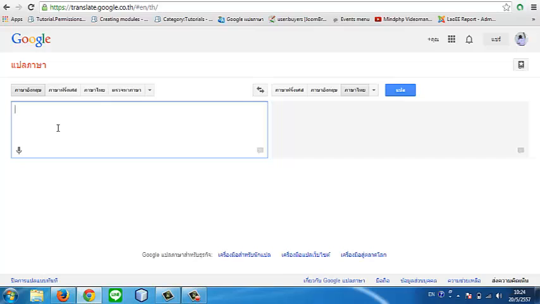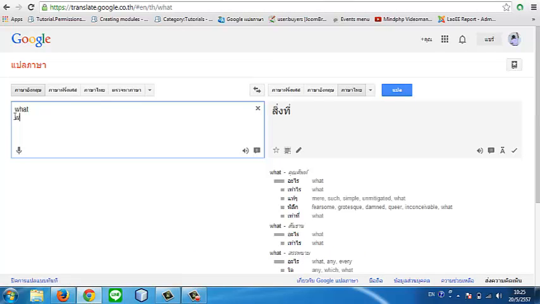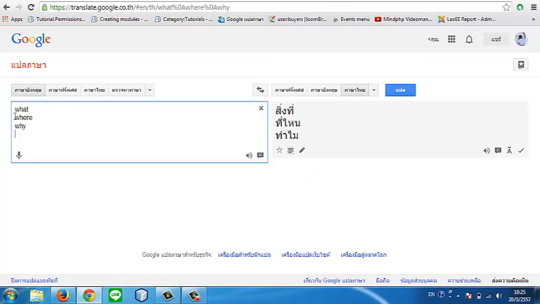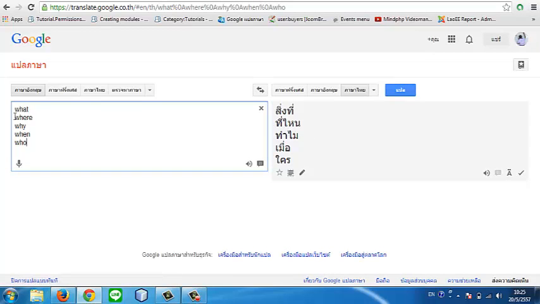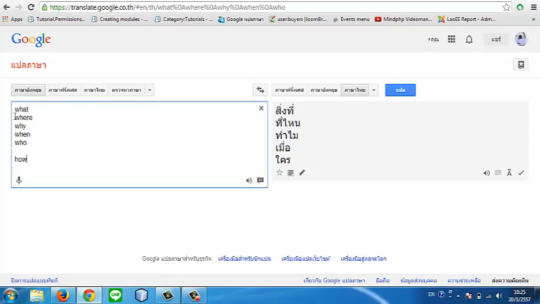We also have 5 W's and one H in English. This one is for questioning, like what, where, why, when, who, and the other one is how.